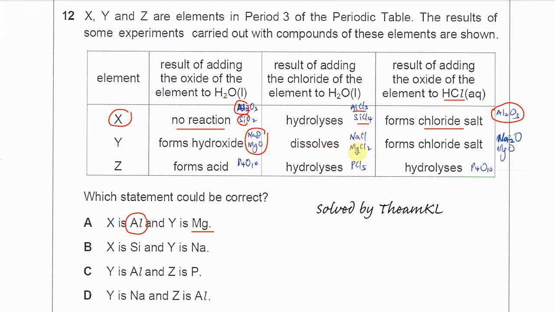Sodium chloride and magnesium chloride, when added to water, just dissolve. They won't hydrolyze. And the sodium oxide and magnesium oxide, when they react with HCl, form chloride salt. Both can. So we know that Y can be either sodium or magnesium. So here it is magnesium. That's why we know the answer is A.